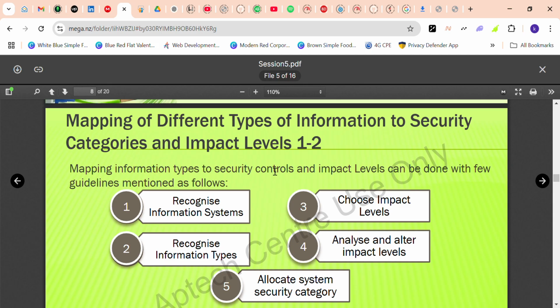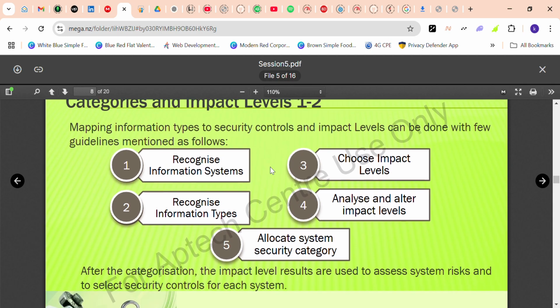Strategic, thank you. So allocate the security category. Are you with me? So that's for that. Can we move on? Any question?